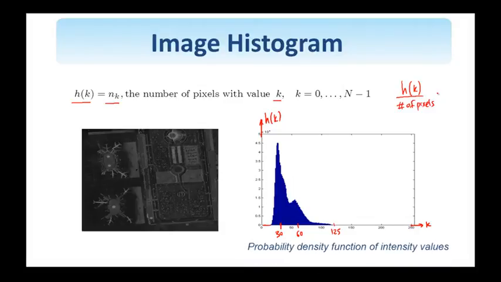And we can think of, therefore, the histogram as the probability density function of the intensity values. So with respect to enhancement, the idea now is not to manipulate the intensity values directly, but to manipulate the histogram directly.